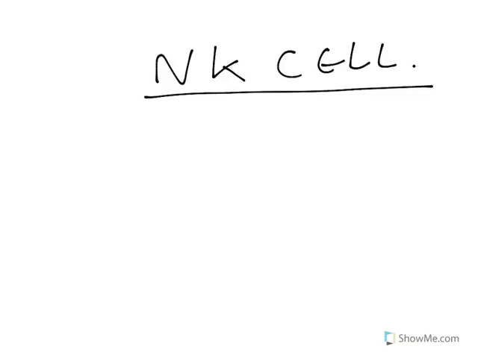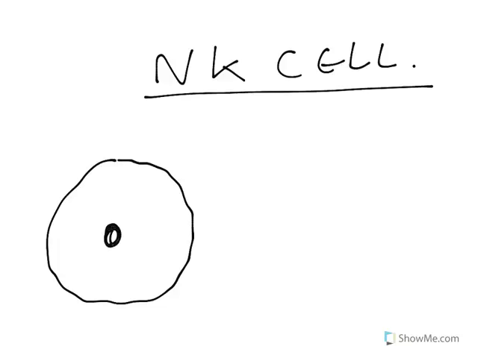If we consider a normal cell, so this is any cell you might care to think of in the body, that normal cell normally, as you know, expresses a whole load of different cell surface molecules, proteins, which might be receptors, or other factors on the surface of the cell.